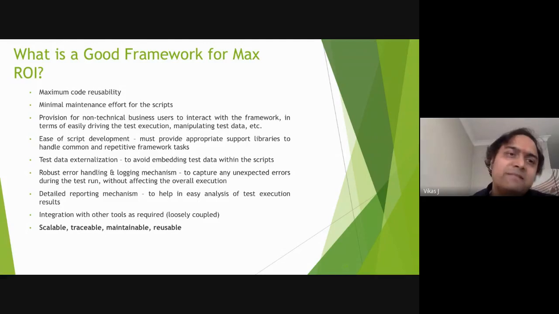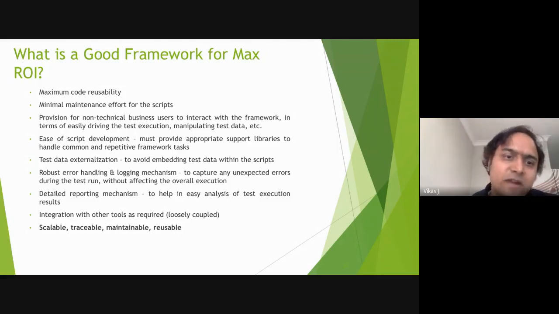It may not be in the first execution cycle, but eventually, when we say scalable, maintainable, reusable, and traceable, it's all with an eye on the future. Otherwise, I can say it's an immediate problem solver. But with scalable, I'm assuming that the problem will become bigger, so should the solution.